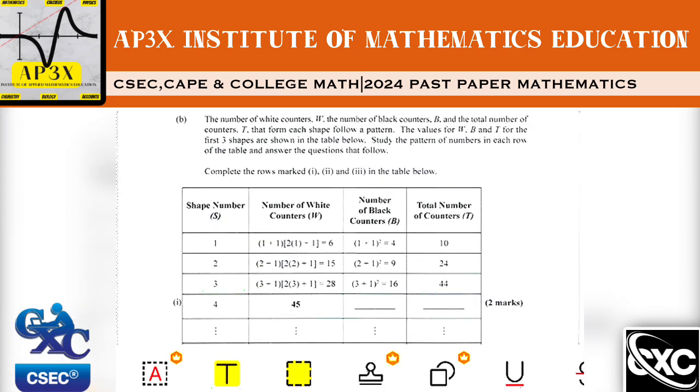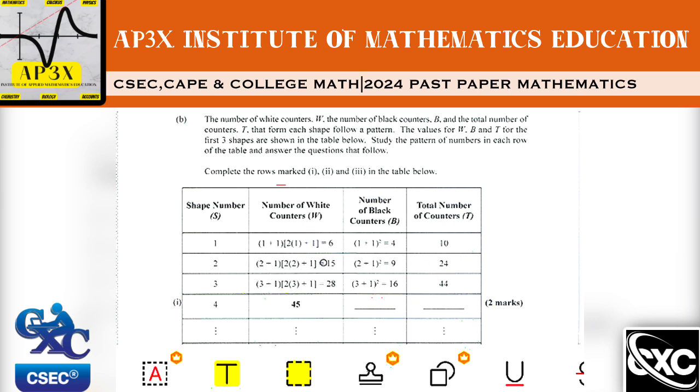Now it says here that the number of white counters W, the number of black counters B, and the total number of counters T that forms each shape follows a particular pattern. The values of W, B, and T for the first 3 shapes are shown in the table below.